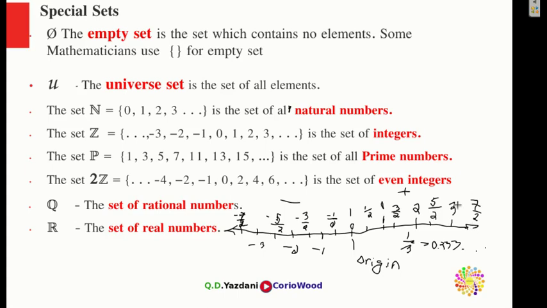If you go further, we can reach e, then we can reach the number pi if you go in this direction. So why do we call these real numbers?